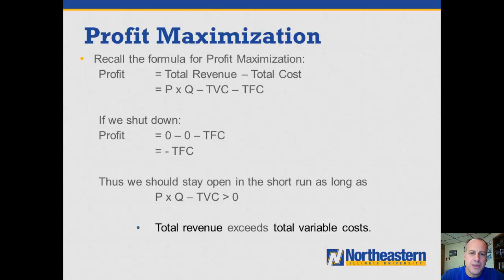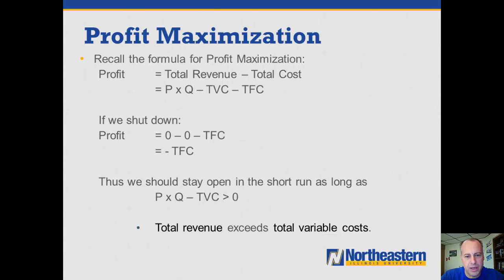So the comparison decision for a firm about whether to shut down or not isn't going to be comparing profits to zero, but comparing profits to the loss you would incur if you had to pay your fixed costs anyways. So we should stay open in the short run as long as the first two terms, revenue minus total variable cost, is greater than zero.